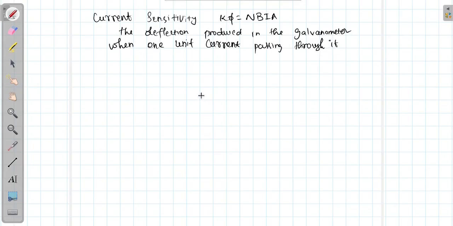It means φ divided by I. Current sensitivity is φ/I.